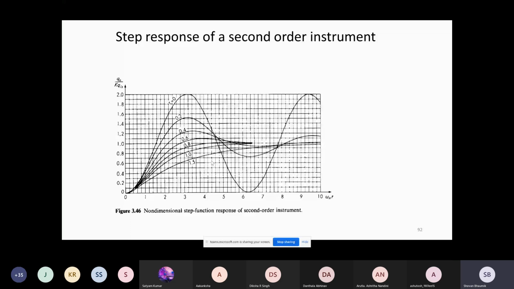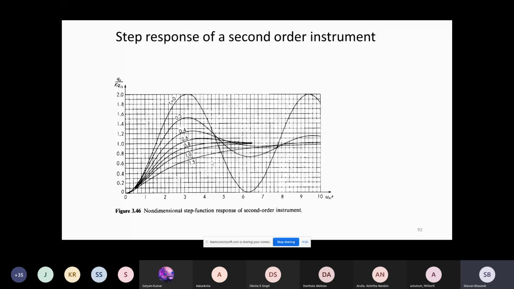So this is the thing about the second order system. Generally when we design the second order system, zeta equals 0 we never prefer, so it is not desirable. Zeta more than 1 is also not desirable. So zeta in between 0 to 1 is desirable. Oscillation is also there, but the oscillation dies down and the steady state is reached quickly.